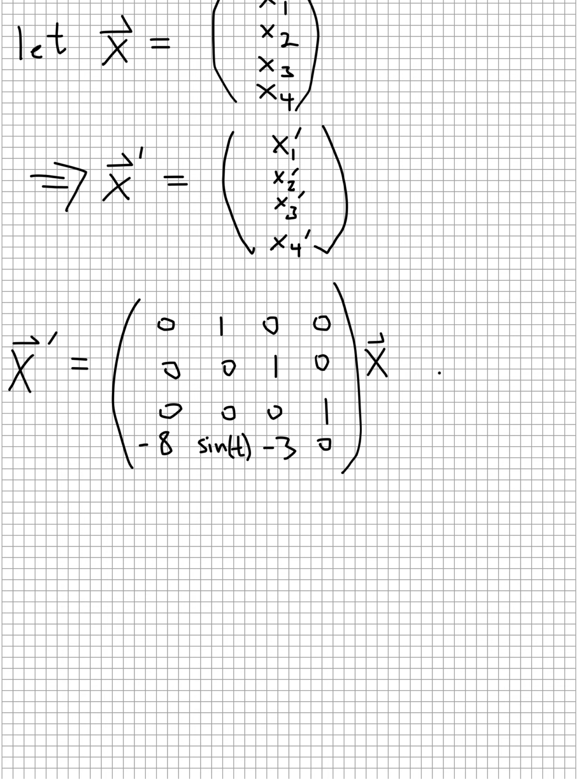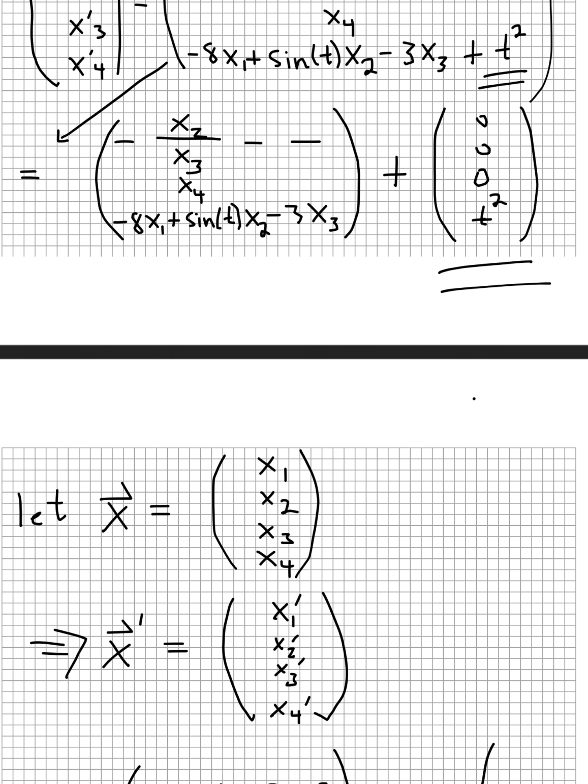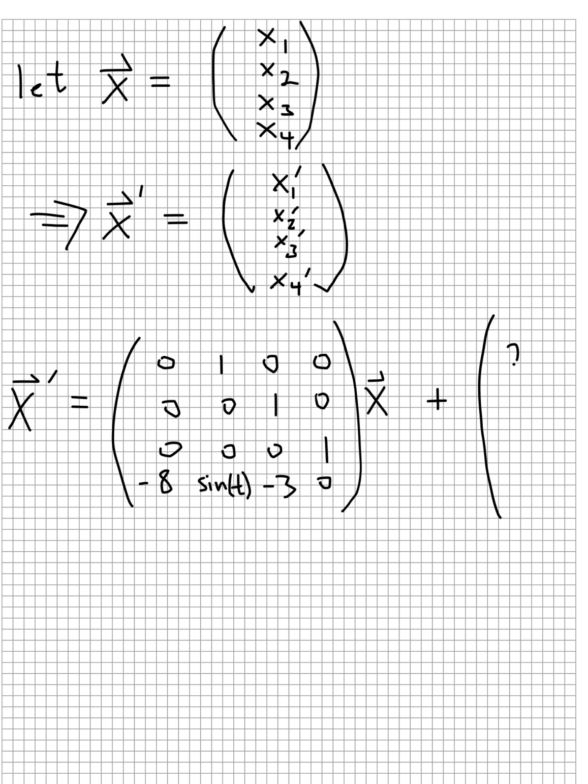Okay? But we're not done yet. This also has to be added to that column vector up here to include the t² term. So this will be 0, 0, 0, t². All right? And that is almost done.